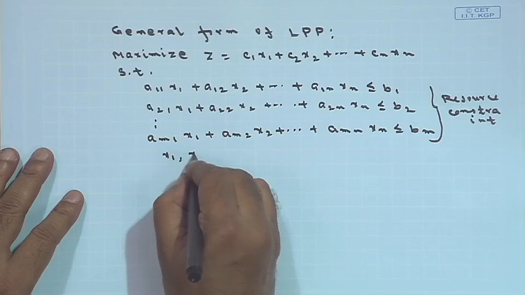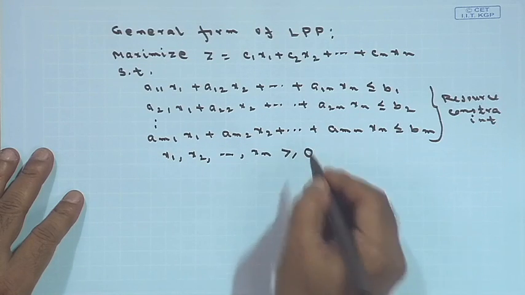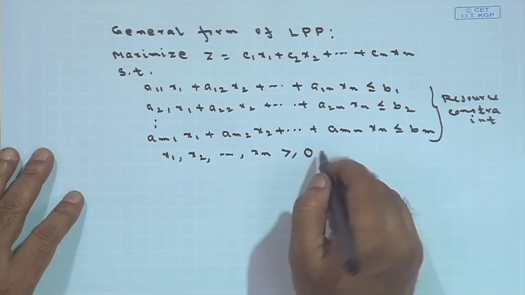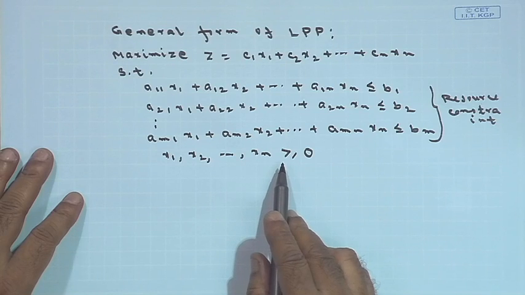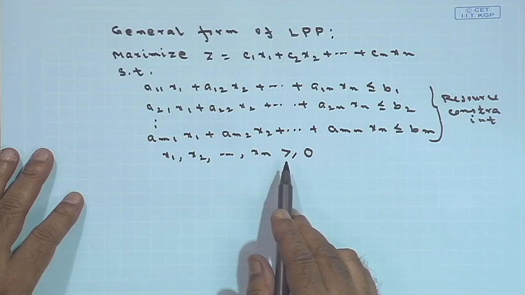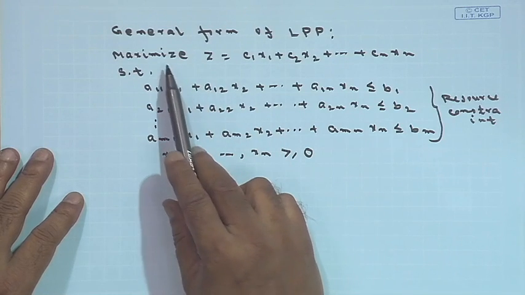And please note this one, the decision variables x1, x2, xn should be greater than equals 0, which we call the non-negativity constraint. So, in an LPP, please note that the decision variables with which we want to work must all be non-negative, and we have to optimize the function.